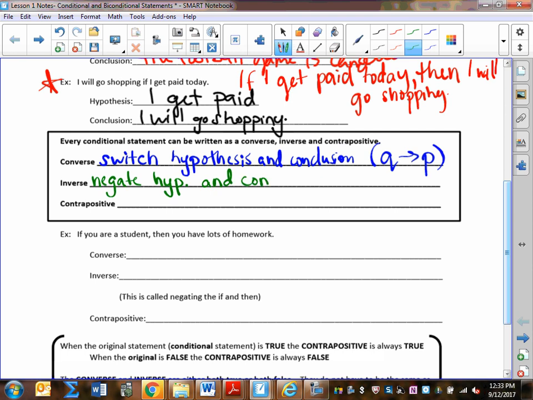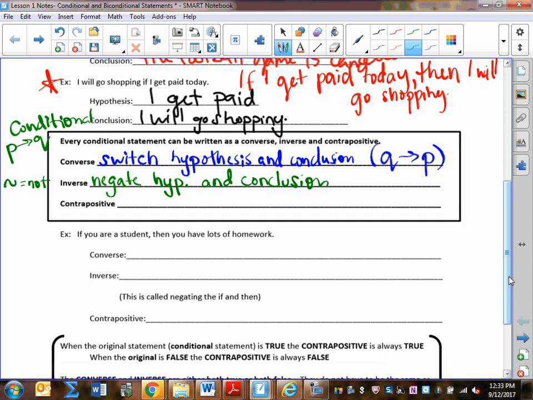Now again, for each of these, we go back to the original. So remember, we start off with conditional, which is P implies Q. So my converse, I switch them. Now when I go to do the inverse, I go back to my original. So if I negate, ooh, we've got a new piece of notation here. This squiggle means not.